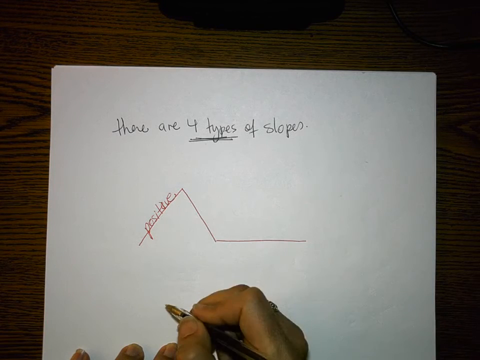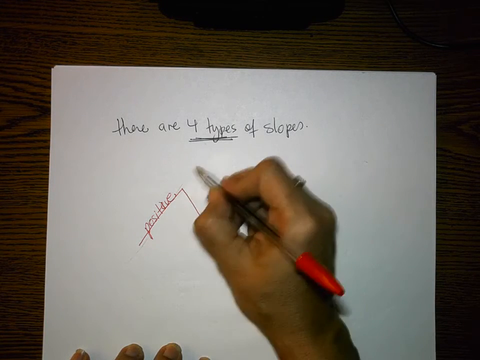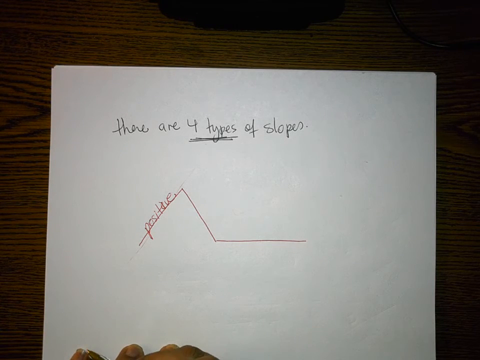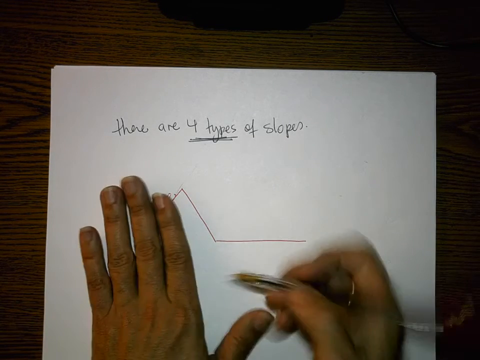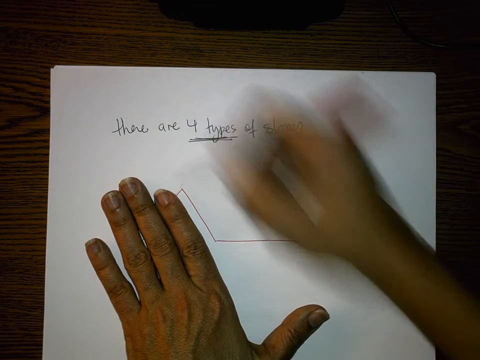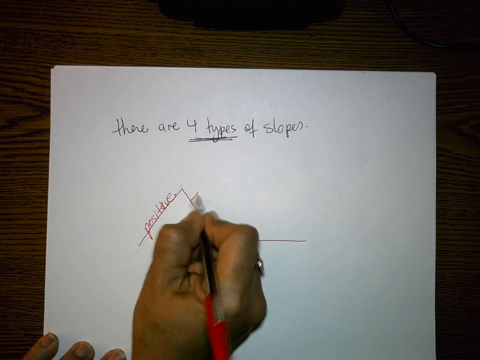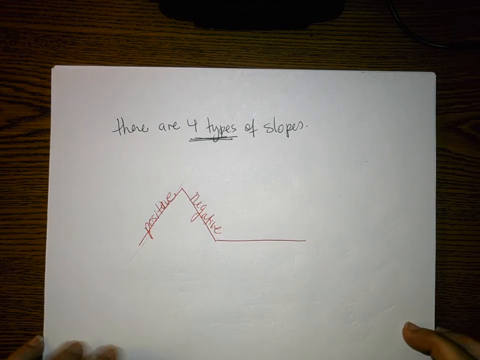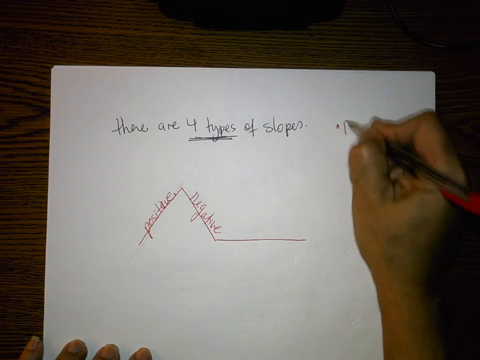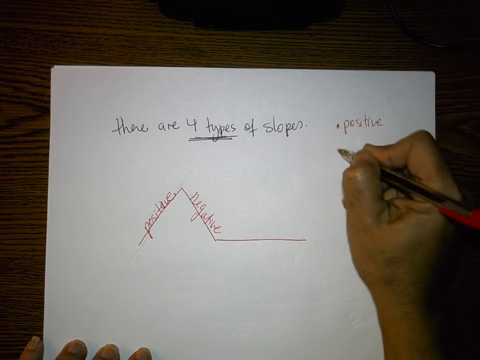Those are for linears that go up, positive linears. And if you're coming down the hill, if I have a line that's going down, we're going to have a negative slope. Okay? So we have positive slopes, we have negative slopes.